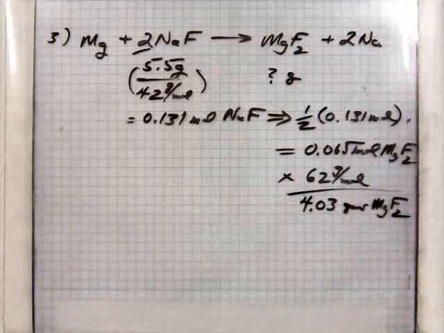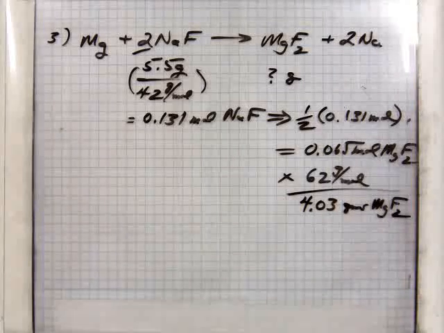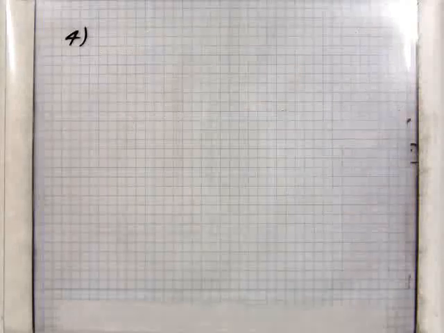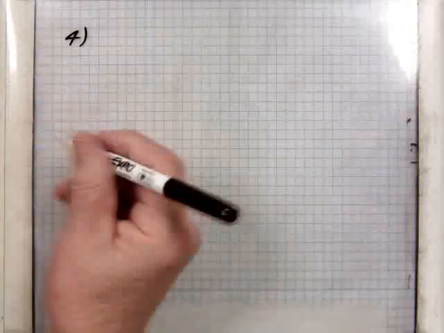Well, it rounds up. Depends on how accurate you are with your atomic weights and when you calculate moles. I'm just rounding everything up for right now. Pretty much the same idea.